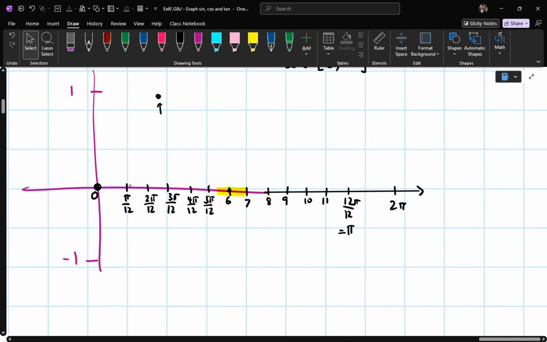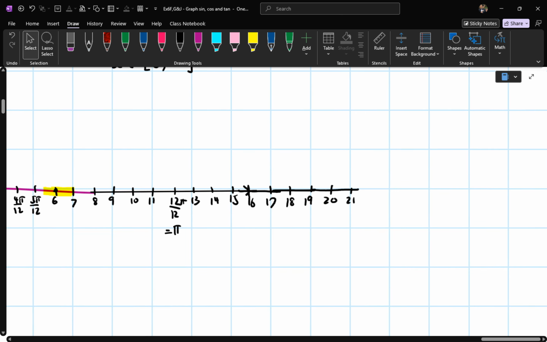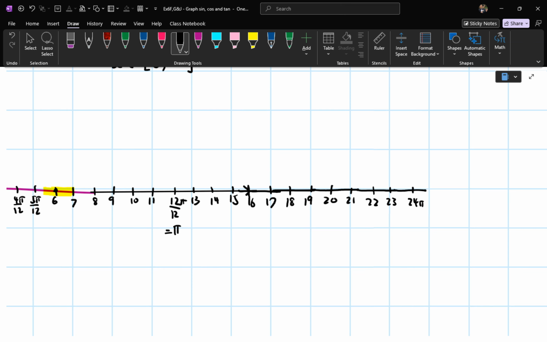Remember, we need to keep going until we get to 2 pi. So I'm just going to follow that pattern. 13, 14. Sorry, that's not to scale. 14, 15. It looks like I have to continue. So 16's here, 17's there, 18, 19, 20, 21, 22, 23, and I finish at 24 pi on 12, which is equivalent to 2 pi.